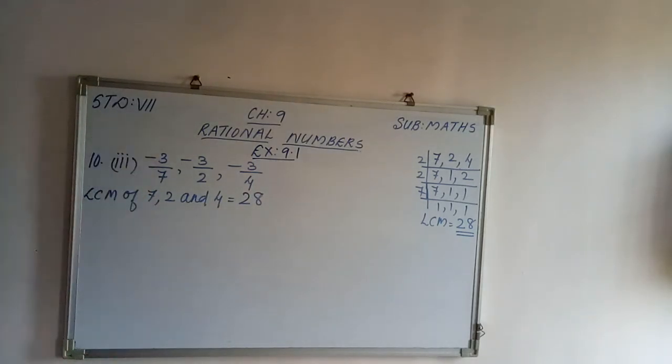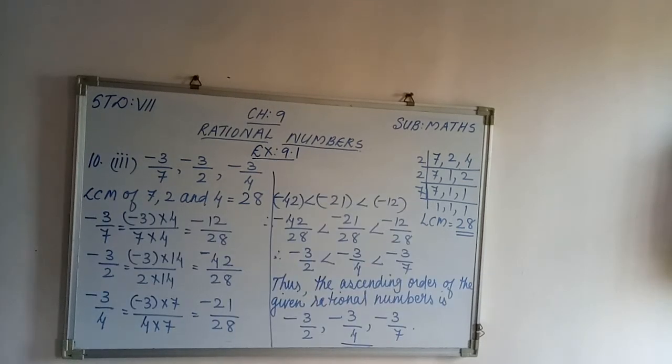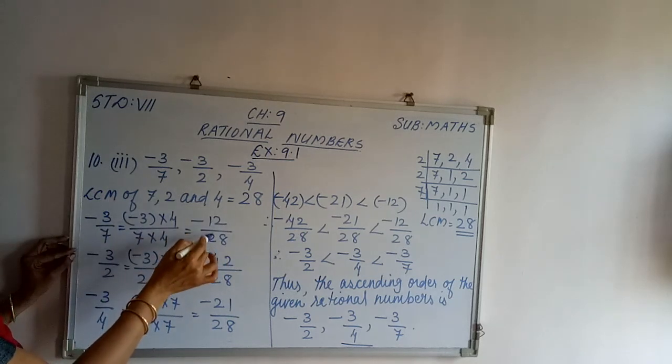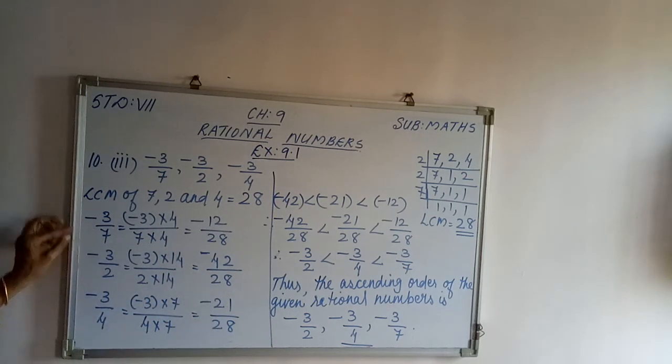Now, change the denominator to 28. That means make the denominator same and then compare the numerators. So change the denominator, we get minus 12 upon 28, minus 42 upon 28, minus 21 upon 28.